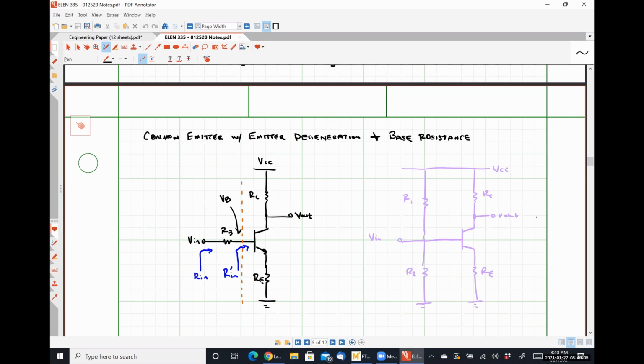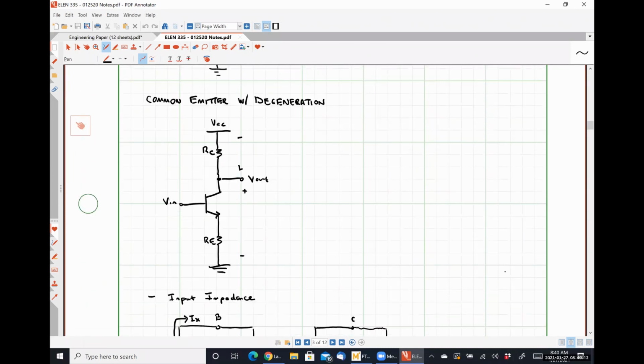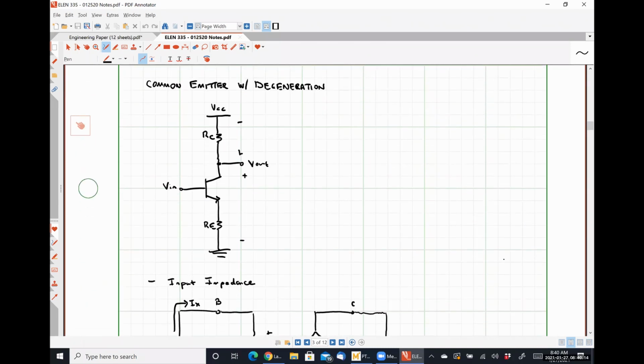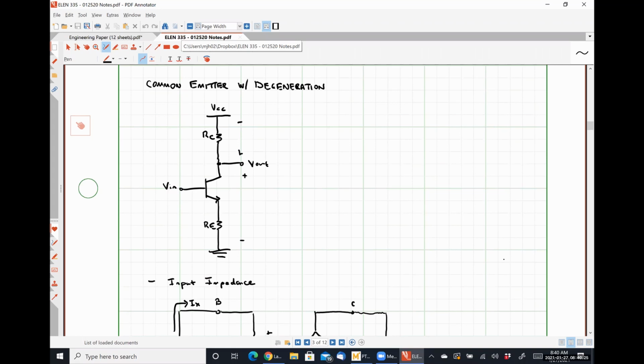So let's use the common emitter with emitter degeneration scheme, right? So just to be clear, I'm saying that everything to the right of this dashed orange line looks extraordinarily similar to what I have right here. The only difference is that I have another resistance in parallel with RC, right?